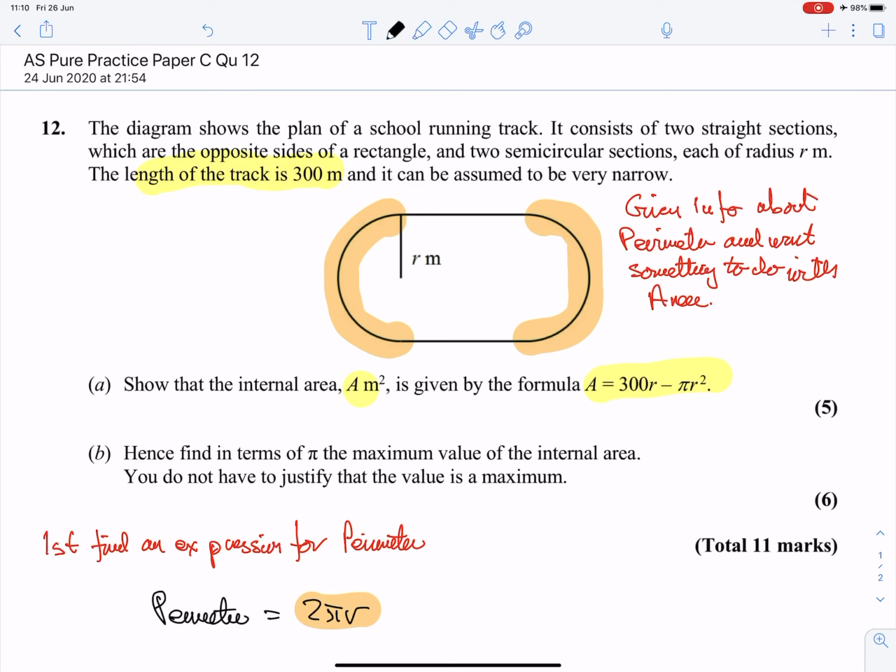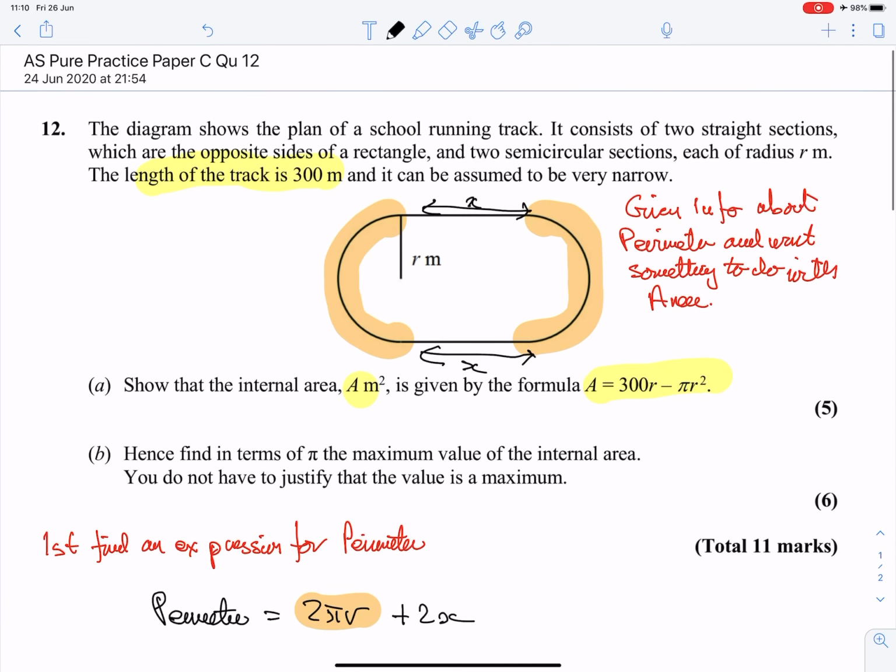So if we call this length here x and this length x, we've got plus 2x, and that's going to be the perimeter. Okay, I hope that's clear.